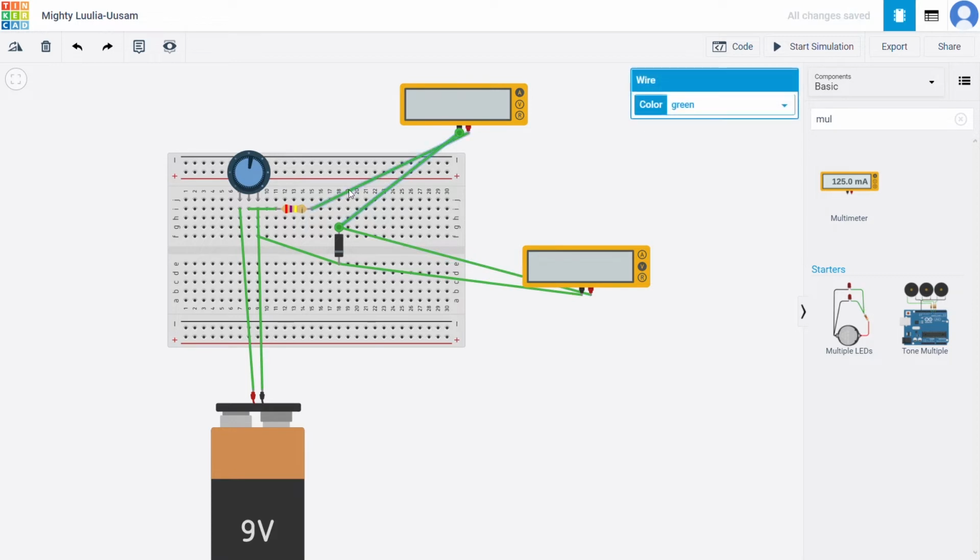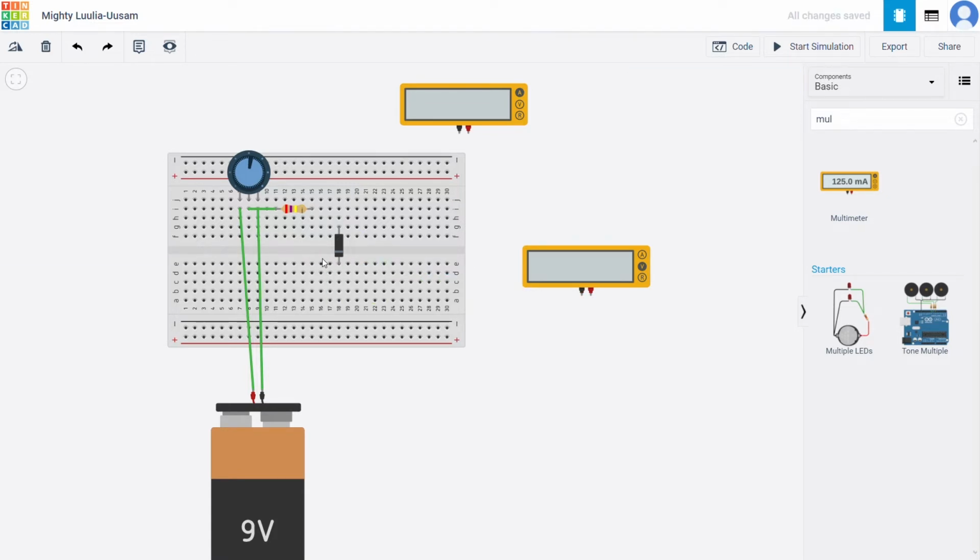For the next one, we're going to do reverse voltage. So we just reverse the diode like this, and the setup is the same.